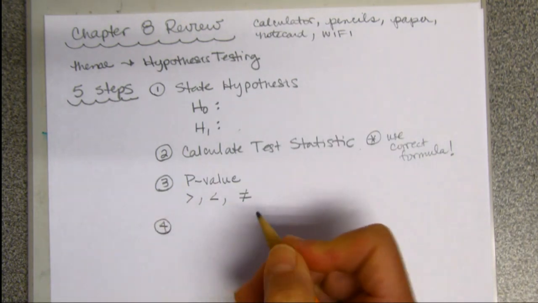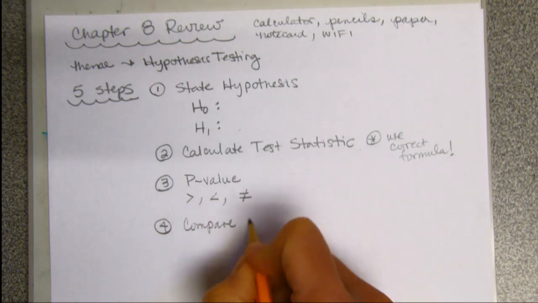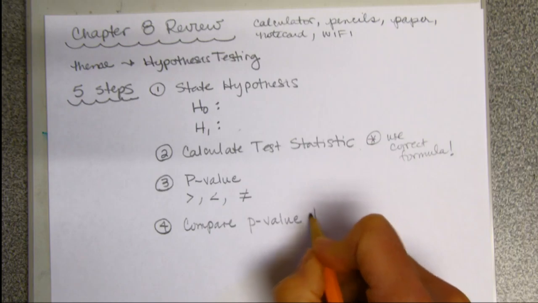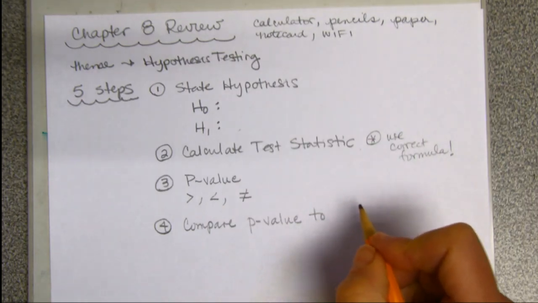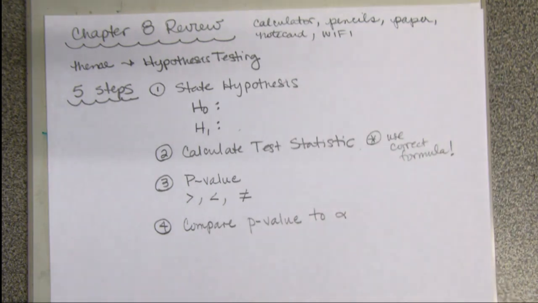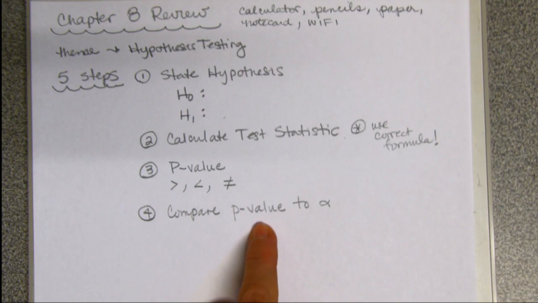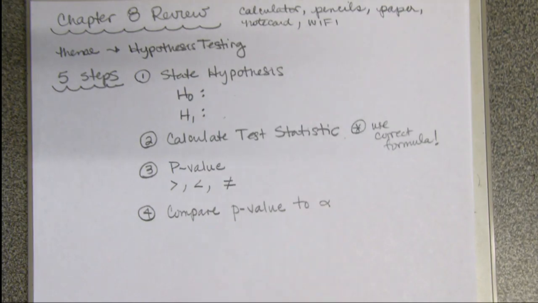Step 4 will be comparing your p-value to alpha. This is how often you might make a mistake, or how willing you are to make a mistake with your hypothesis.